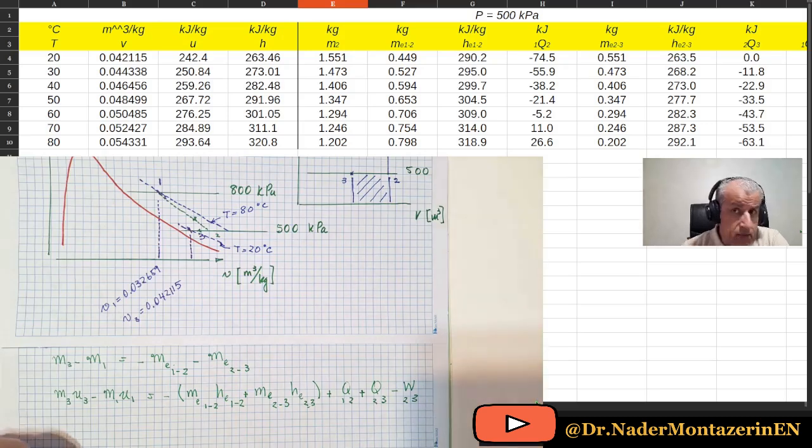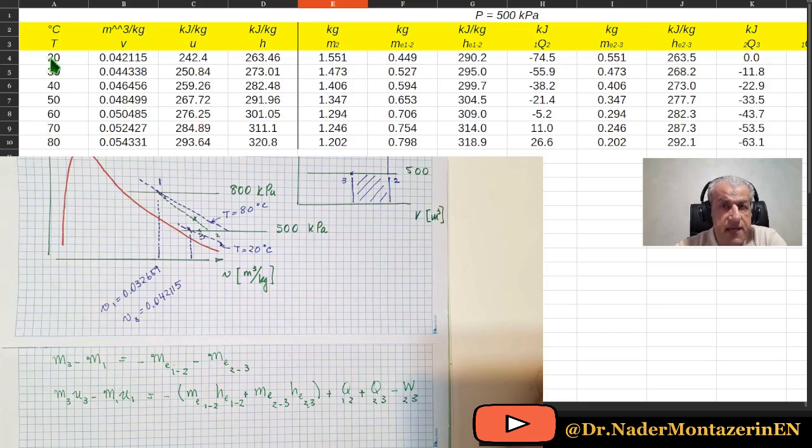Please note very carefully: I went to the 500 kilopascal line on the superheat table for R134A and just read values for 20 degrees C, 30, 40, up to 80 degrees C.